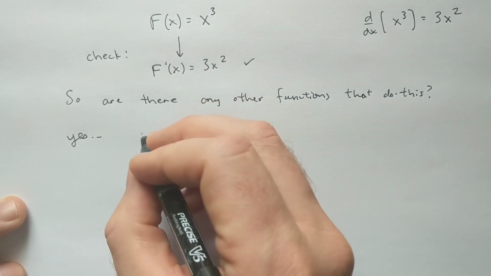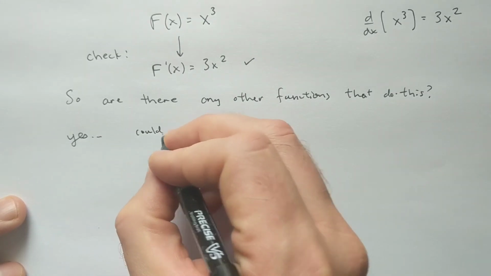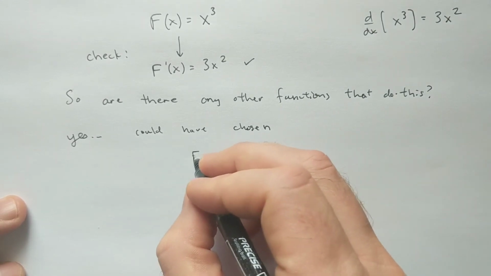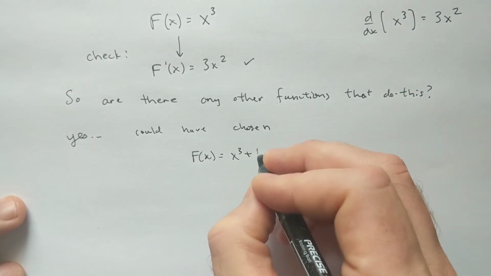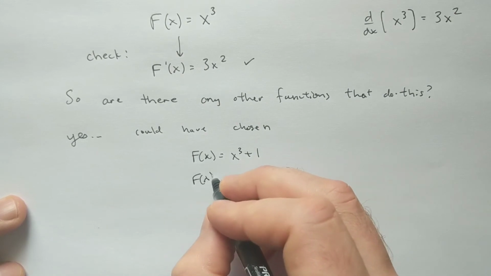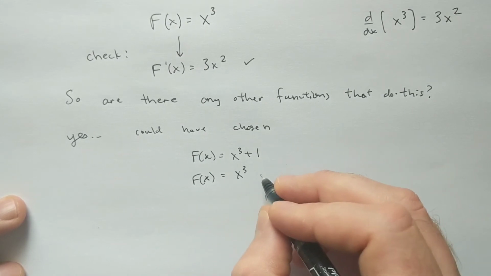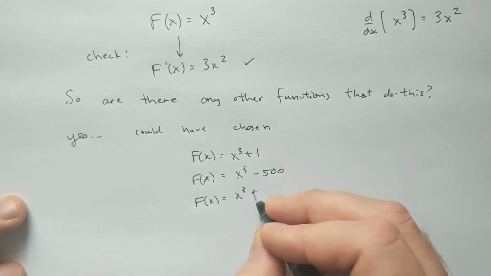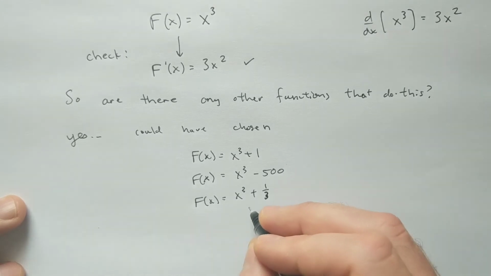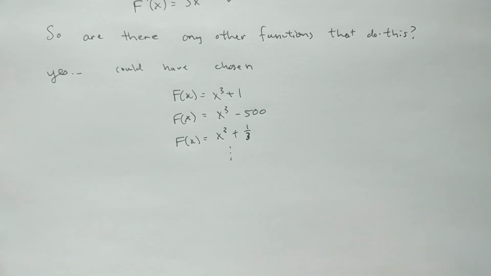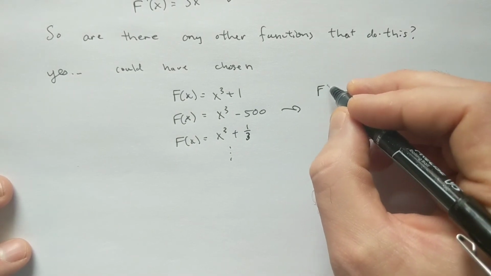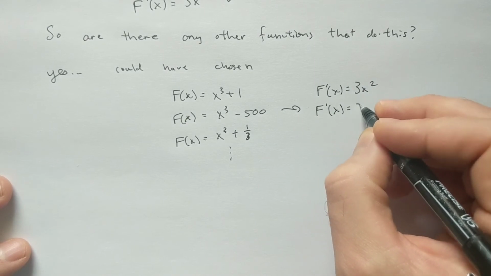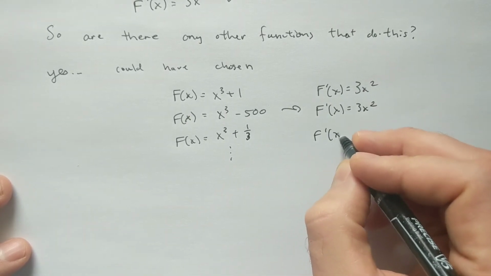So I could have chosen f of x equals x cubed plus 1, or x cubed minus 500, or x cubed plus 1/3, and on and on. I can add anything onto this, and notice if I take the derivatives of these, they all have the same derivative, 3x squared, because the derivative of the constant is 0.